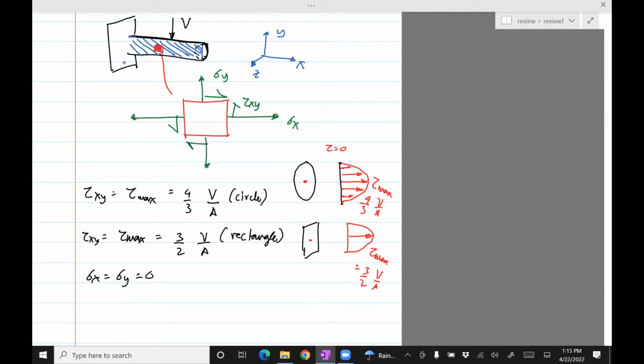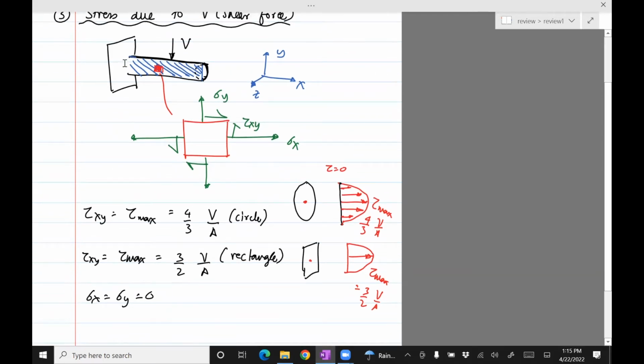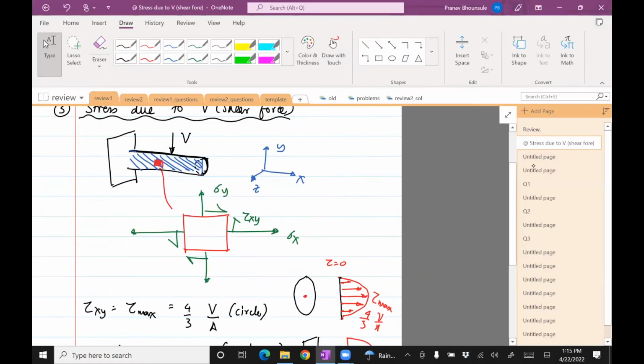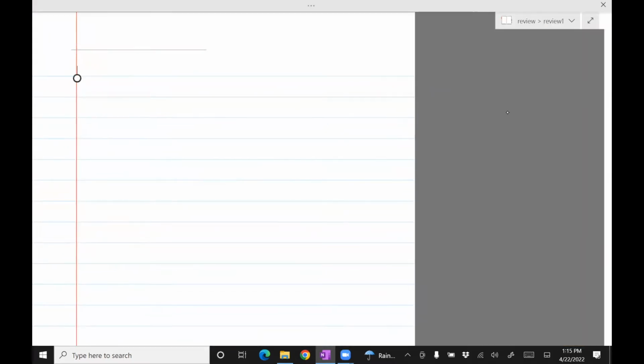Okay, one more and then we'll get started with problems. So far this is the most important one, and this is where people make the most mistakes. This is the one due to the bending moment. So the fourth one is stress due to M, or bending moment.